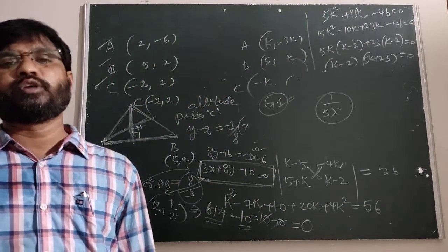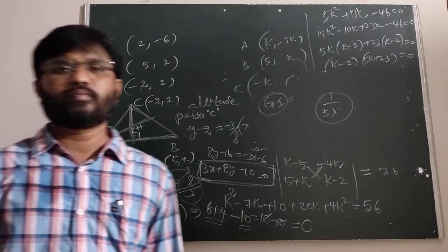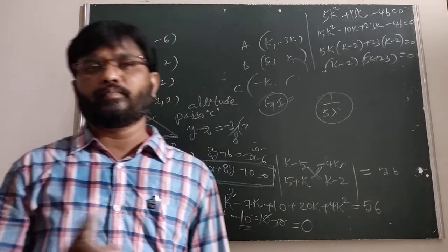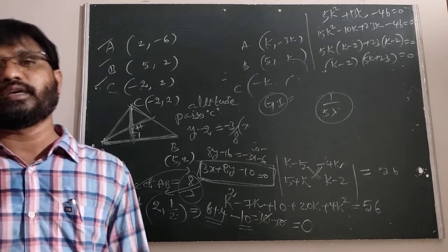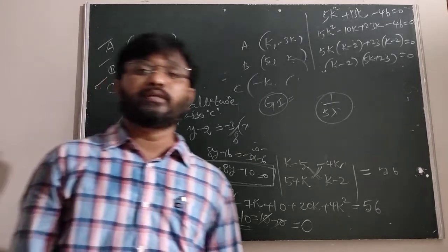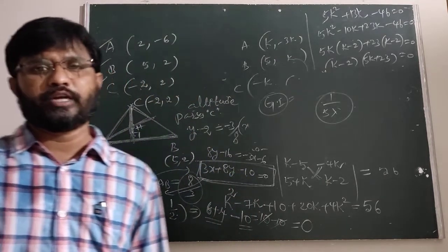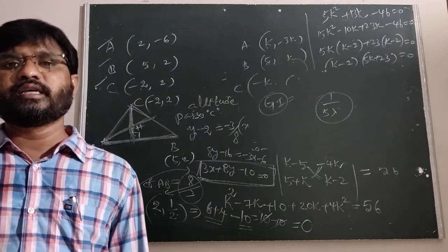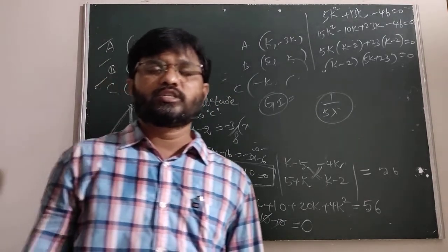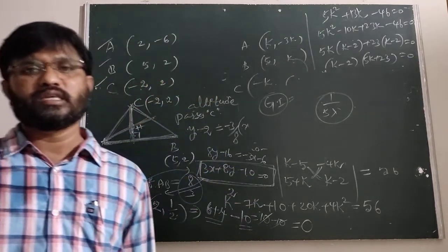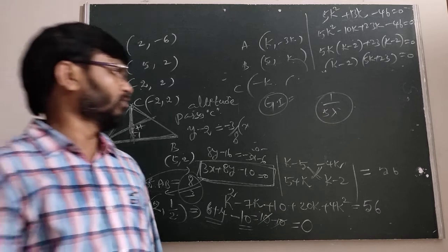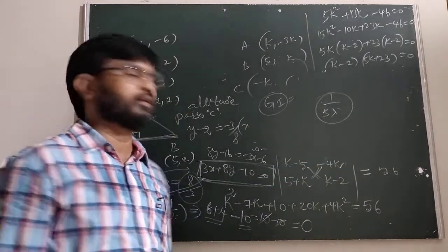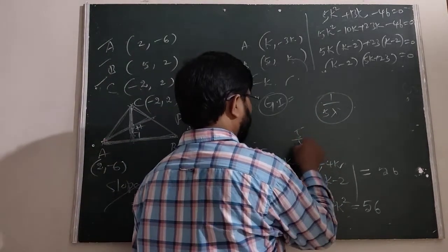The incenter is ax1 plus bx2 plus cx3 by a plus b plus c comma ay1 plus by2 plus cy3 by a plus b plus c, where the points are x1, y1, x2, y2 and x3, y3. Small a is the length of side BC, small b is the length of side AC, small c is the length of side AB. Okay. Then we got 1 by 5 lambda.